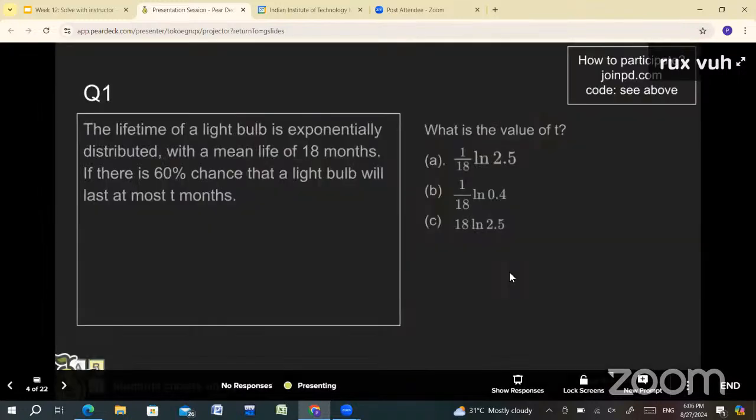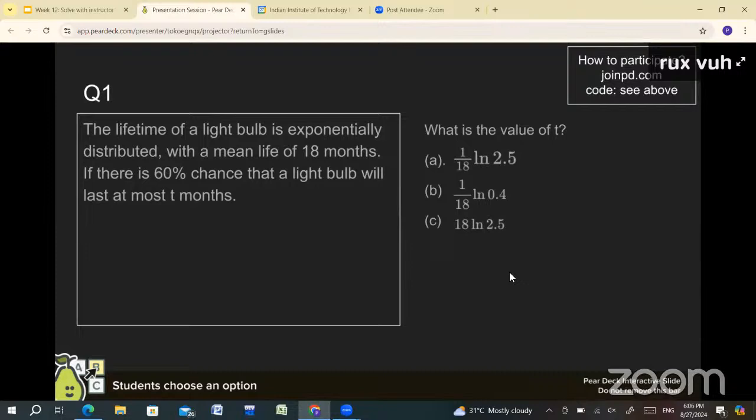So this is our first question. The lifetime of a light bulb is exponentially distributed with a mean life of 18 months.